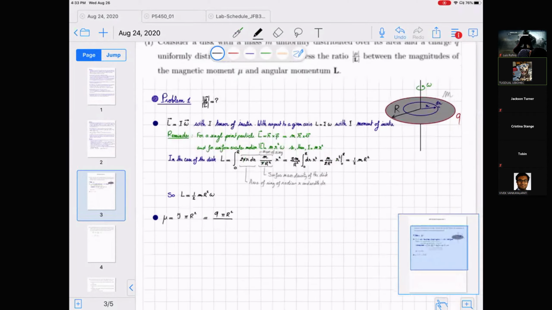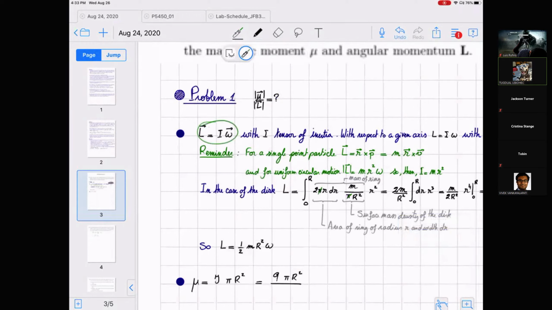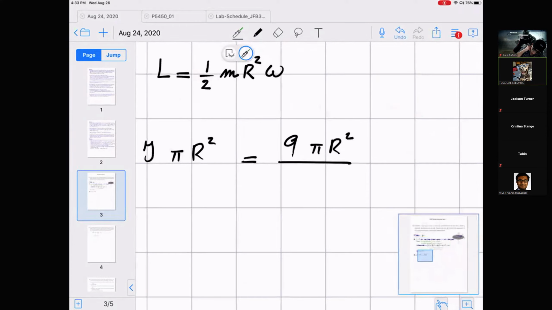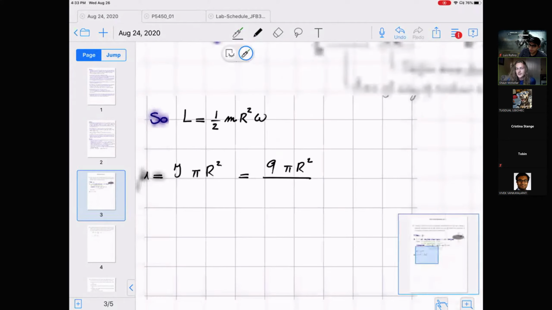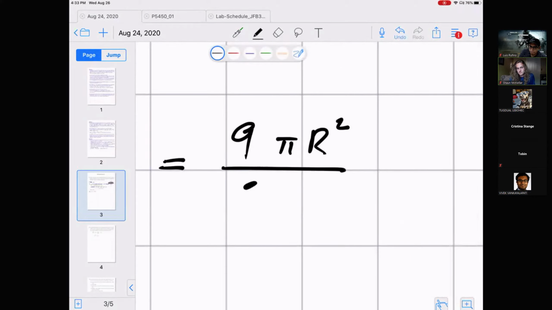So you see that here we have expressed the angular momentum as the moment of inertia times the angular velocity. Given omega, how much time does it take for one rotation to be completed? 2 pi over omega. Yeah, 2 pi over omega.